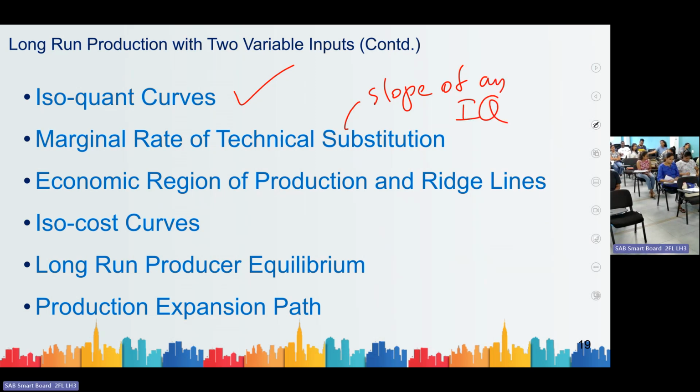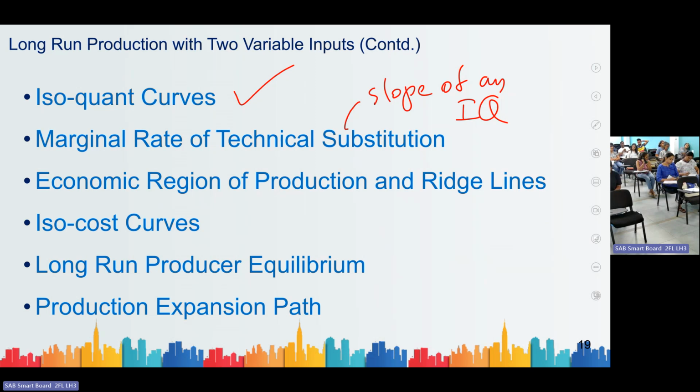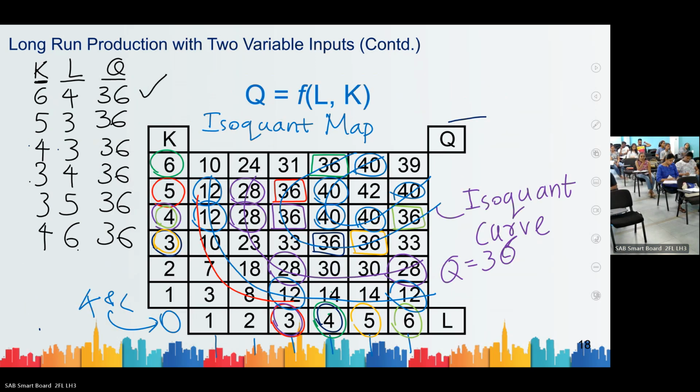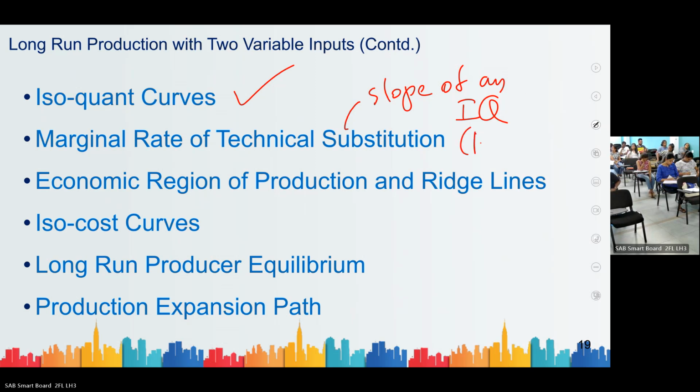The slope of an isoquant is technically called marginal rate of technical substitution, in abbreviation MRTS.